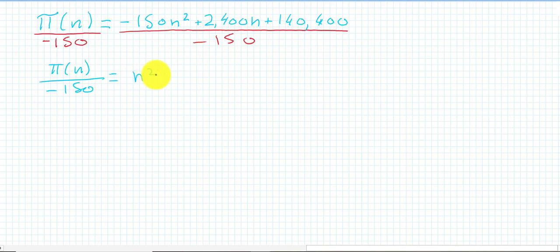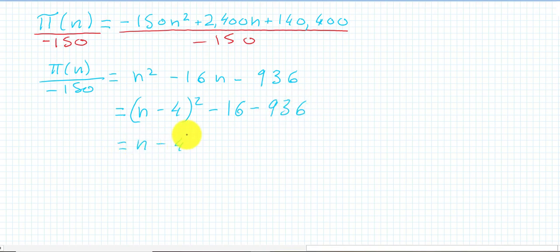If you divide 2400 by negative 150, you will find negative 16n. And then if you divide 140,400 by 150, you will find 936. So now we can complete the square here. That's n minus 8 squared minus 64 minus 936, so it is n minus 4 squared minus 952.